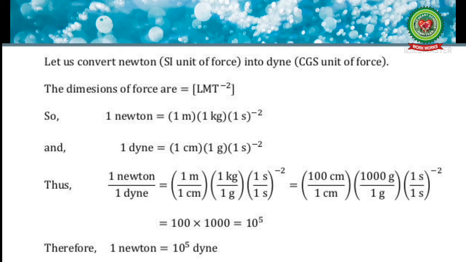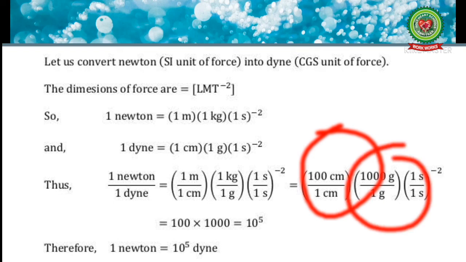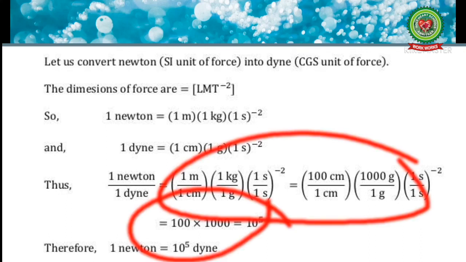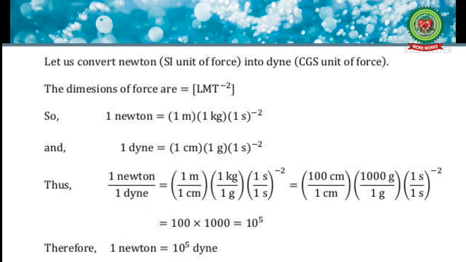So on dividing Newton and dyne, we will get 1 meter can be written as 100 centimeter and 1 kg can be written as 1000 gram. These values are multiplied and divided by 1 second square. So the answer comes out to be 100 into 1000 equal to 10 power 5. In this way, we have got the answer 1 Newton equal to 10 power 5 dyne.